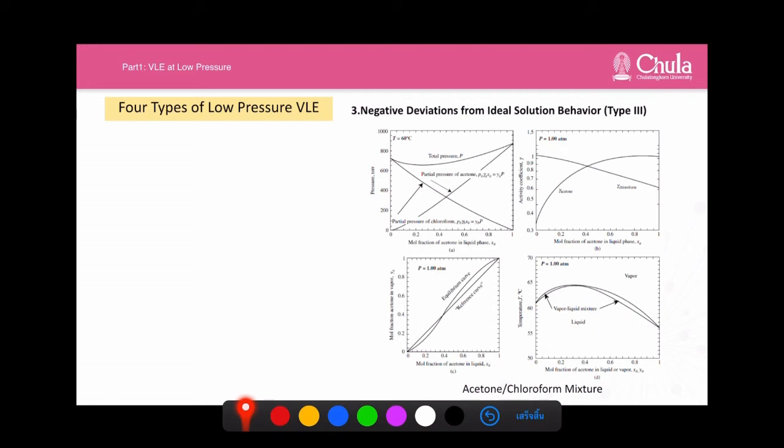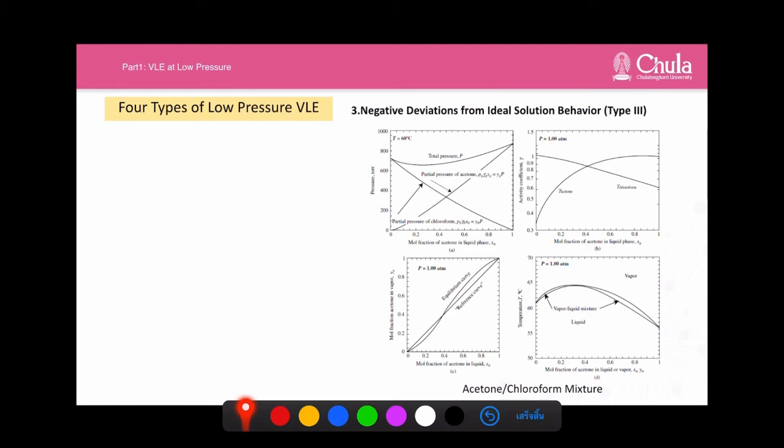And if we look at the relationship between mole fraction in liquid phase and in vapor phase, we see that the equilibrium curve again crosses the reference curve somewhere. Okay, but the behavior is different from what we found in type 2.